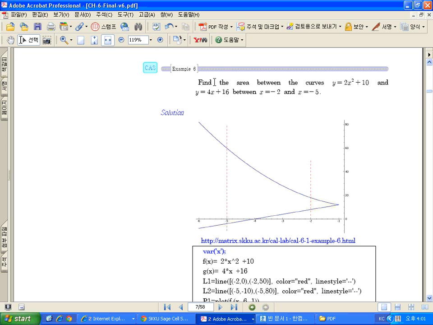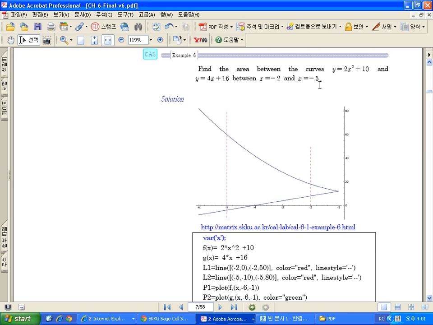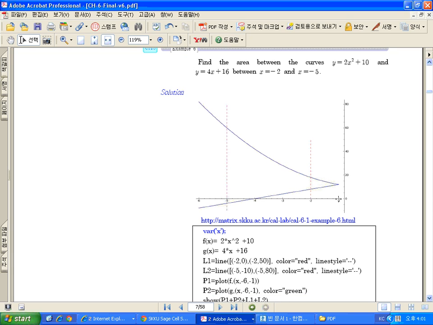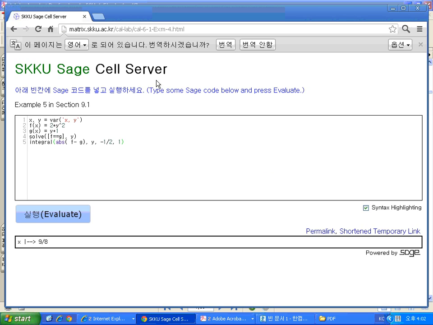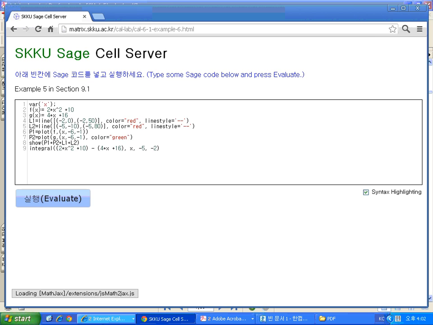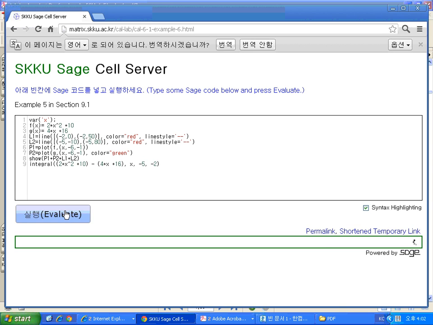The last example shows: find the area between the curves y = 2x² + 10 and y = 4x + 16 between x = −2 and x = 5.